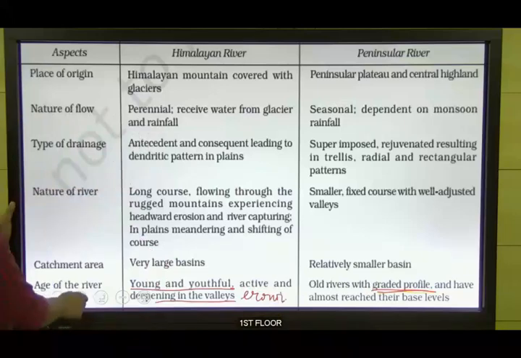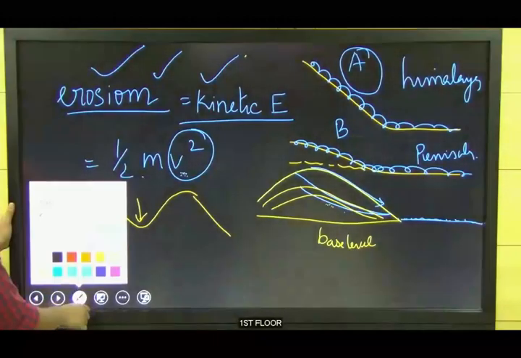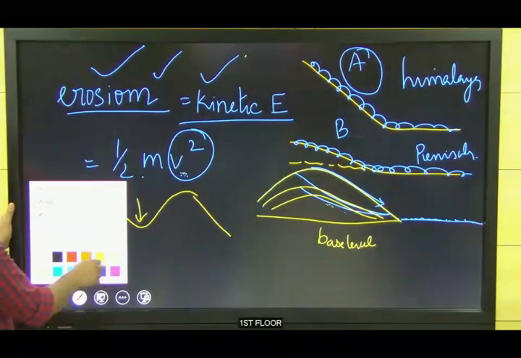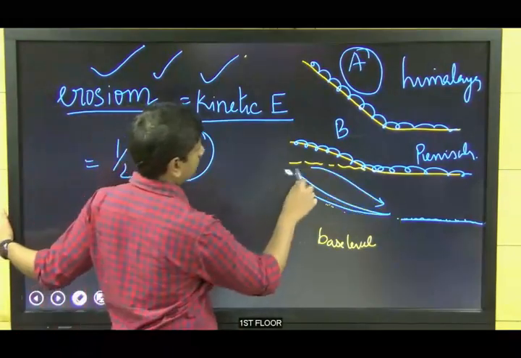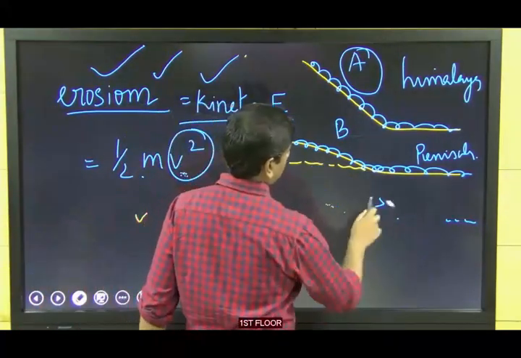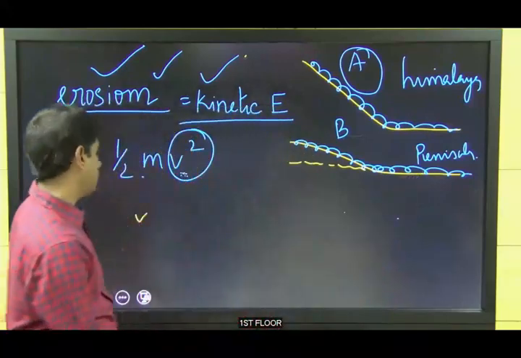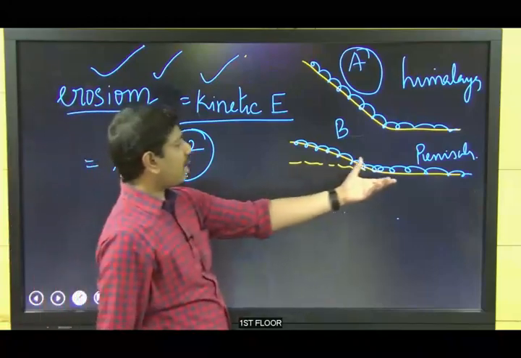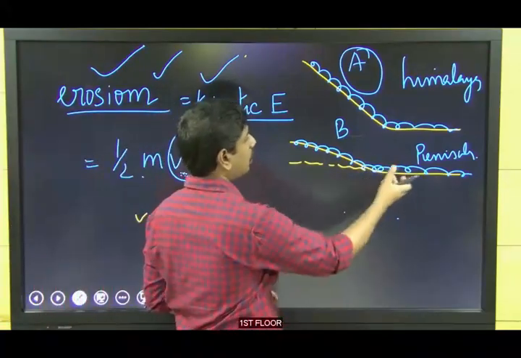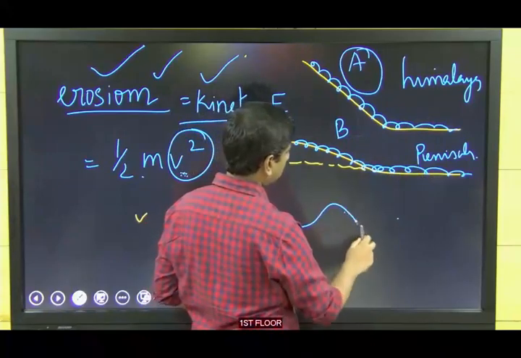Okay, what is meandering? When it comes to the plain, the river does not have any velocity at all. So it does not have any velocity to run forward at all. So it started moving like this, here and there.